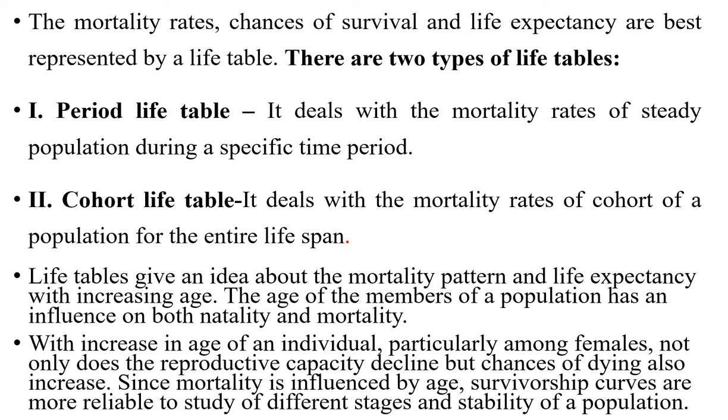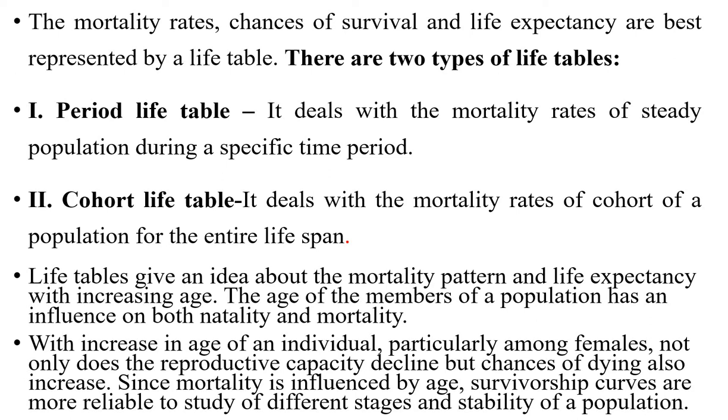the cohort life table deals with the mortality rate of a cohort, means for the group of individuals of a population for the entire lifespan. Remember the difference between the two.